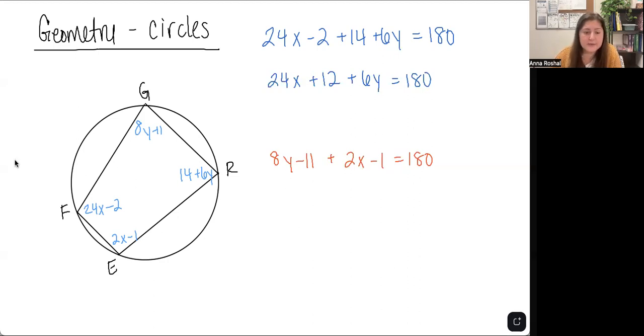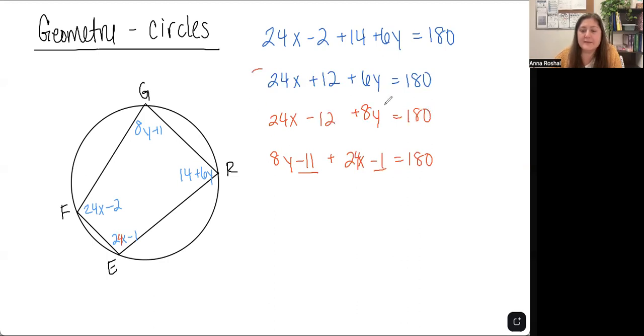Oh, whoops, that's supposed to be 24x, not 2x. That would have been quite not correct. So I'm going to put in 24x on top first, and then the plus 8y here equals 180, and then this becomes negative 12.